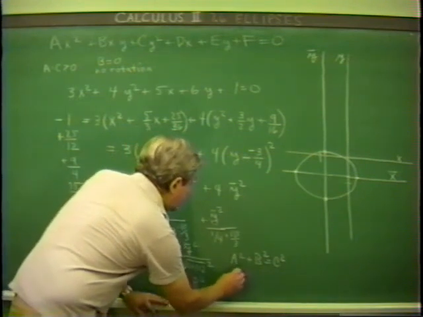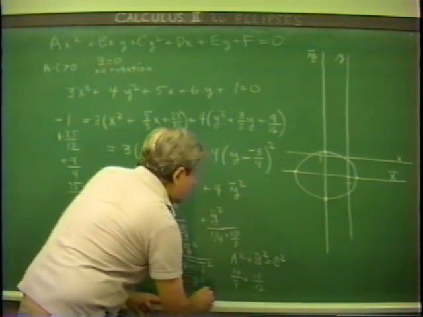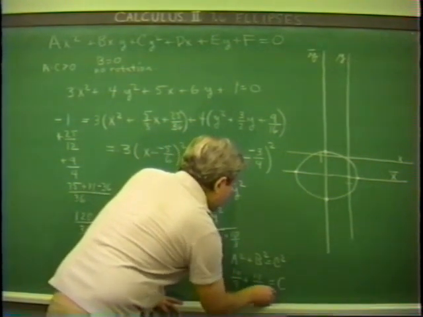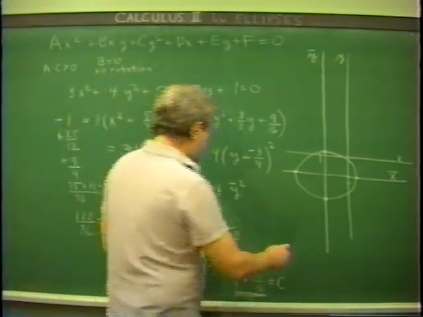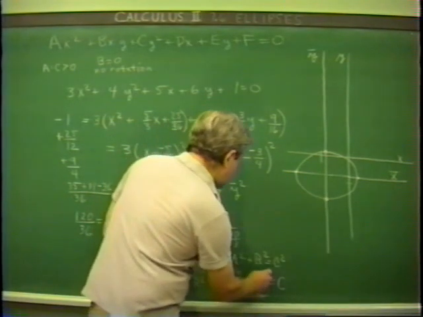So c squared is going to be 10 ninths plus 10 twelfths. This is going to equal c squared. So we're now going to be able to compute c. Having c, this will tell us where the focus is.